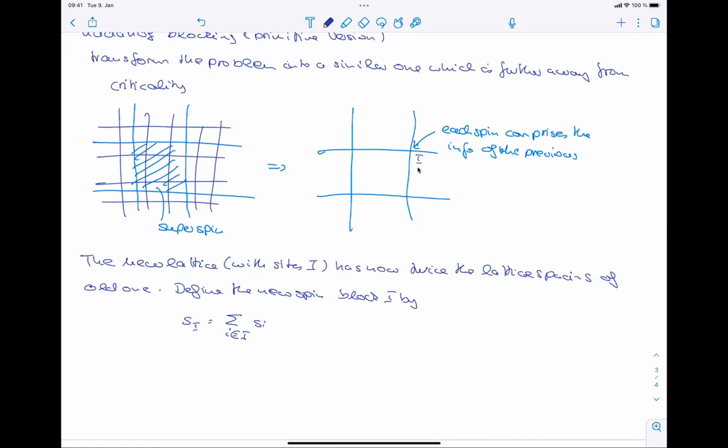And if I now use this definition of how I define spins in my transformed lattice, I can also write, obviously, the energy of the underlying model, let's consider the Ising model, in terms of this new spin. So then I can write the Ising model in terms of the new spin S_I.